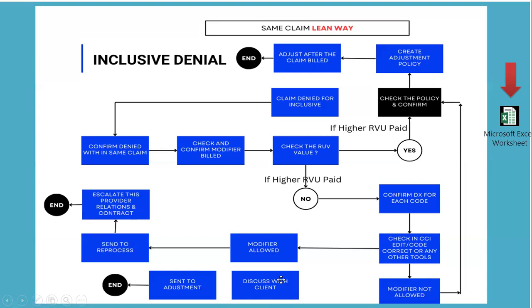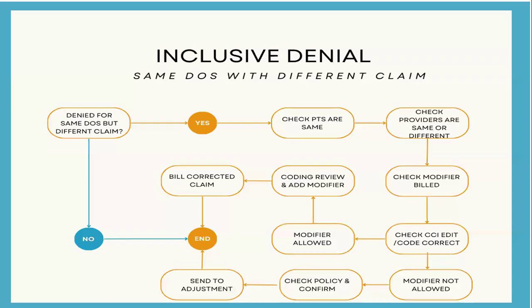These are the two things we discussed. One, the modifier is allowed and it is not available: you add it and send it for reprocess. If the modifier is already added but it is not paying, you escalate to the provider relationship rep and complete it. This is the way we work on the same claim. So now we are going to touch upon the other part, the inclusive claim.